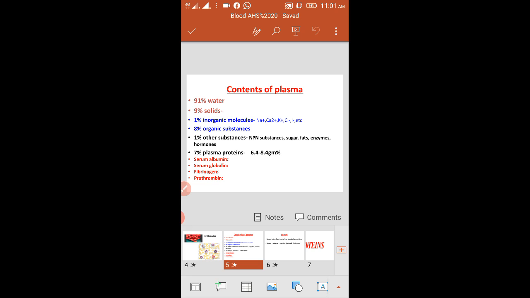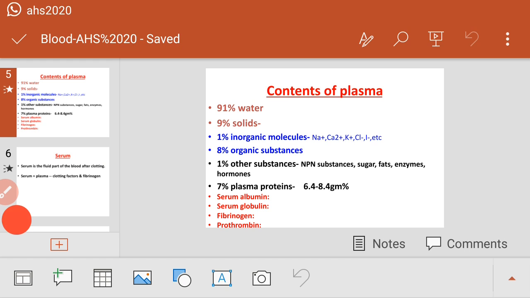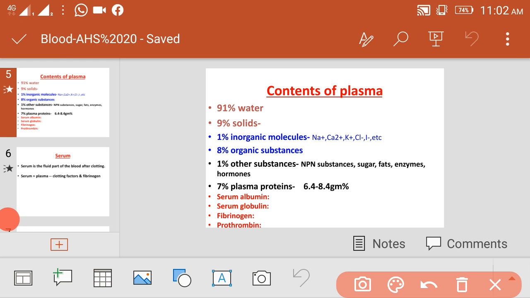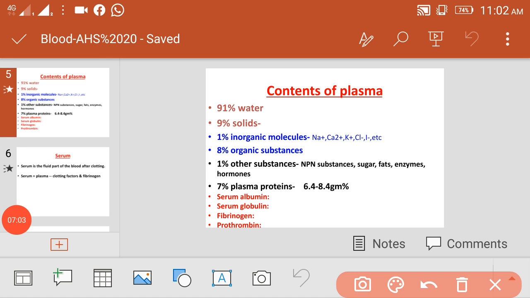Inorganic are sodium, calcium, potassium, chloride, etc. The important thing here is the plasma proteins.